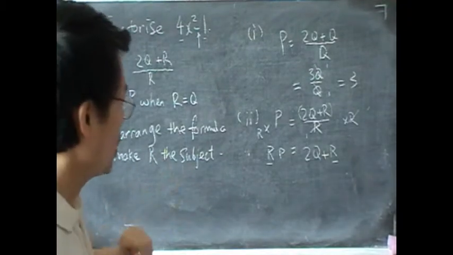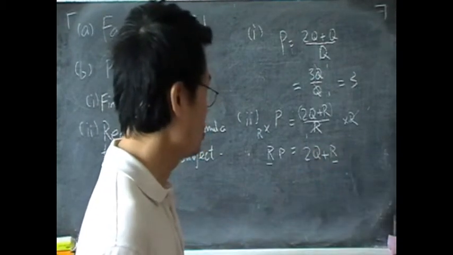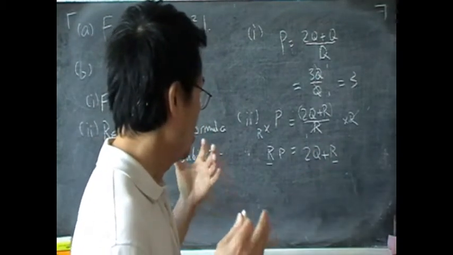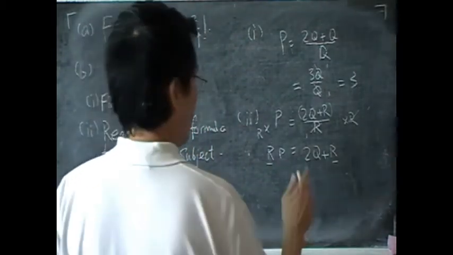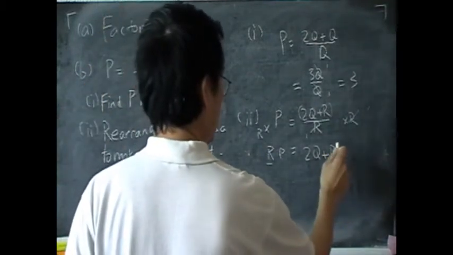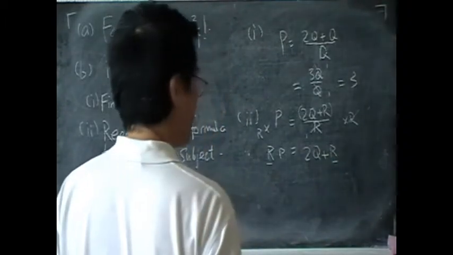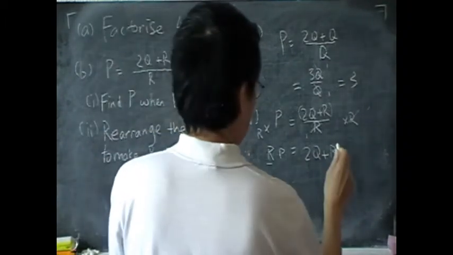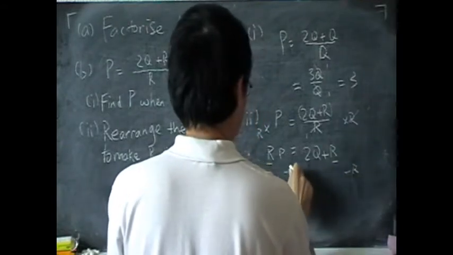So the thing to try would be to move all the terms containing R to the same side. Let me try getting rid of the R on the right side. Subtract R from both sides.